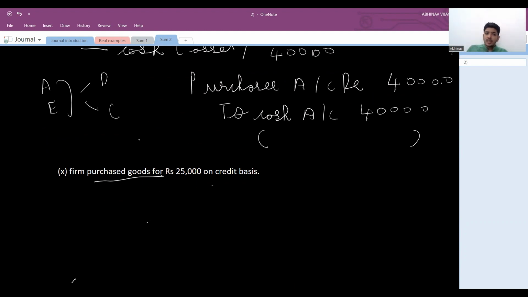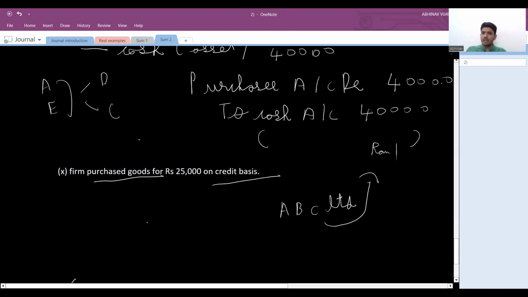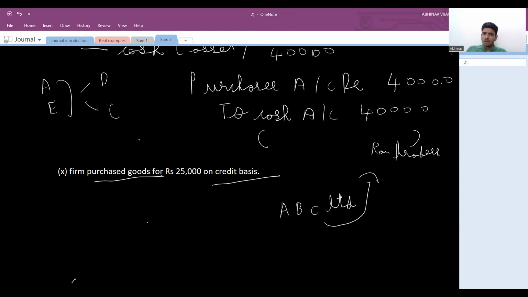Okay. On credit basis. What does credit basis mean? Already been told before. That means on credit. What does on credit mean? That means ABC Limited goes to say Ram Traders and buys goods from him.